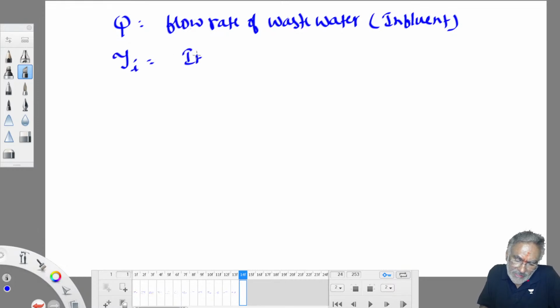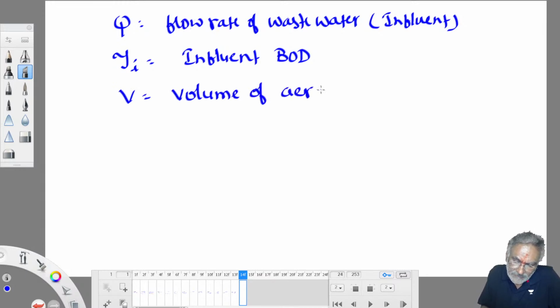YI is known as influent BOD. BOD means by default it is 5-day BOD only. Right? So V is known as volume of aeration tank. It is a rectangular tank, no? Volume is equal to L into B into H.